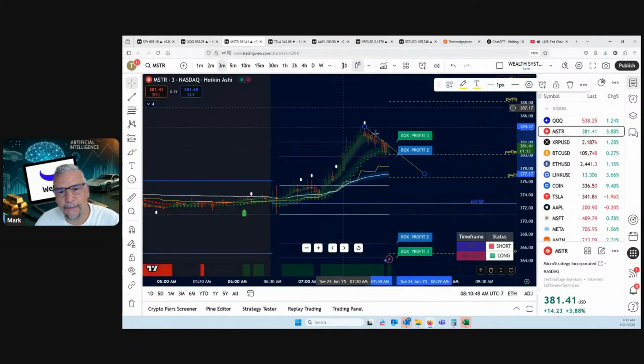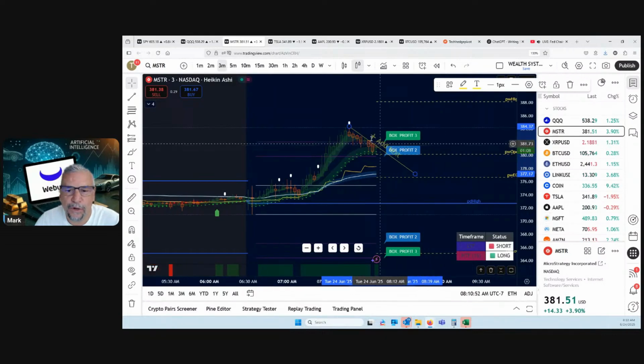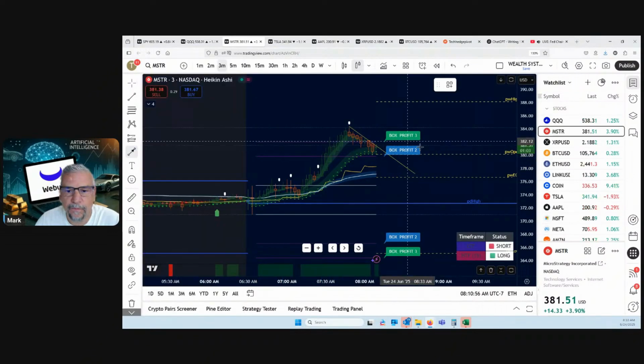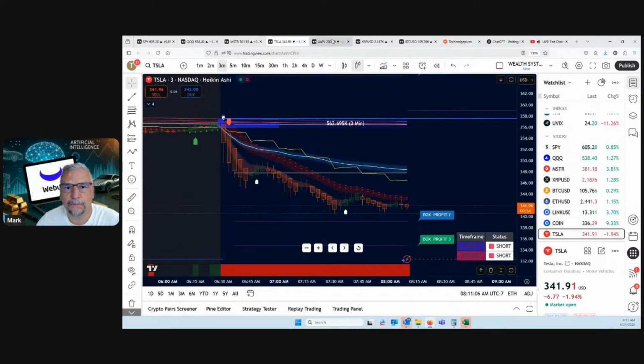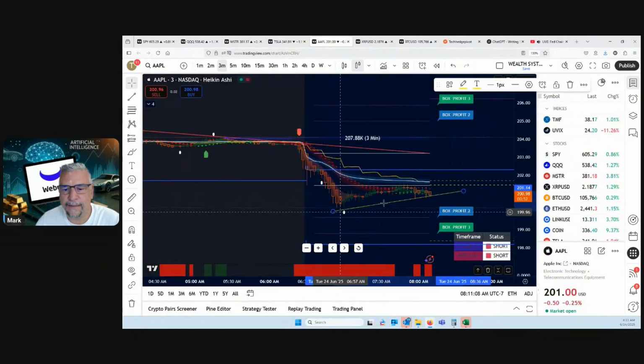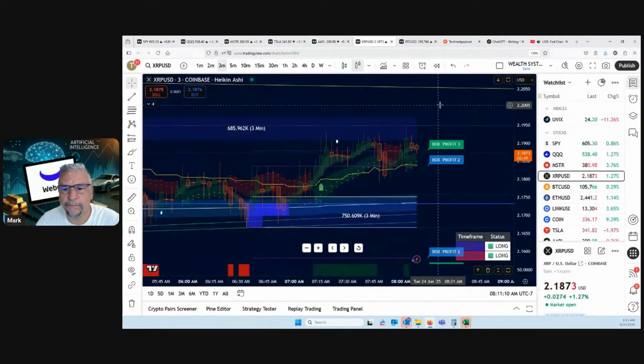All right. So the MSTR, nice consolidation. If we see a green candle here, could be a nice entry. Apple still consolidating.